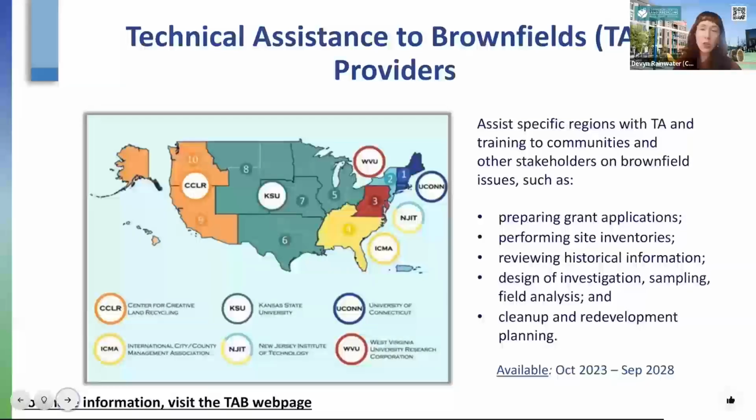But we're also part of a larger network of TAB providers across the country. Each EPA region has a TAB provider. And just in case anyone in this webinar today is not in Region 9, I wanted to include that this TAB program is nationwide, and you can still reach out to CCLR and we can get you in touch with your specific TAB provider.